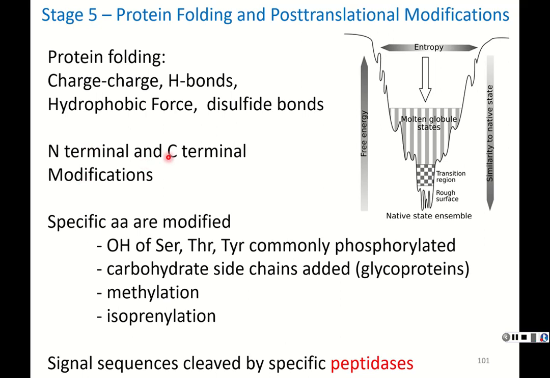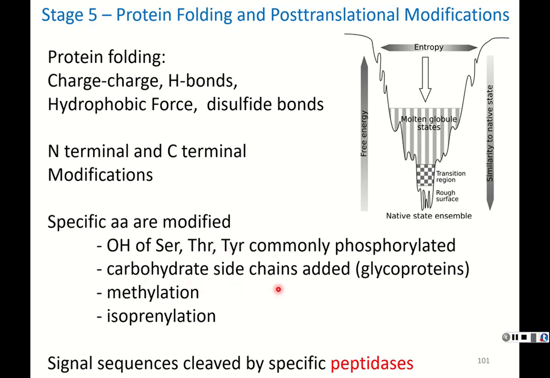There are certain N-terminal and C-terminal modifications that are made to proteins, and certain specific amino acids in the middle of a protein can also be modified. The hydroxyl groups of serine, threonine, and tyrosine are commonly phosphorylated, and we've seen examples of those throughout this year.